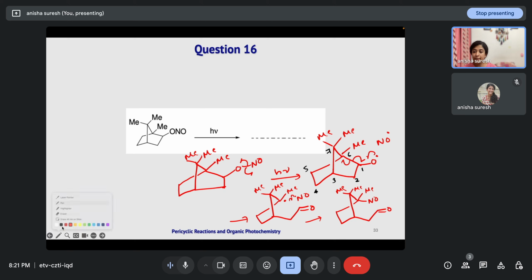So, if we number, it will be like 6, 5, 4, 3, 2, 1, 7, and this structure is similar to, this is a 1, 2, 3, 4, 5, 5-member ring now.